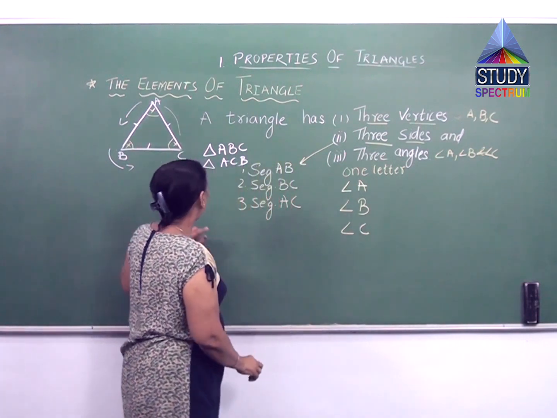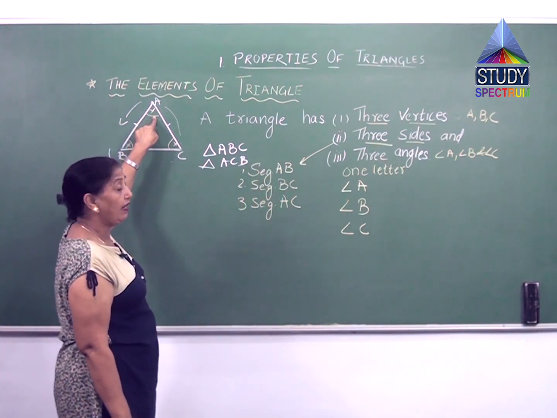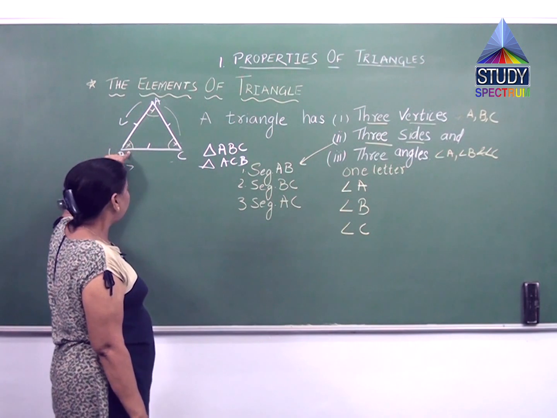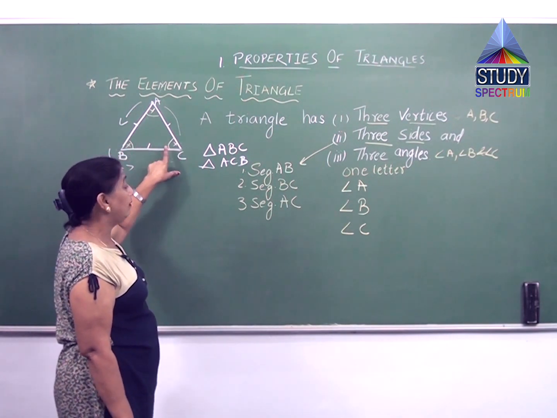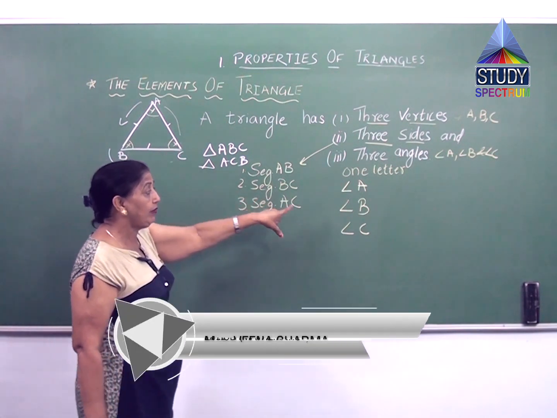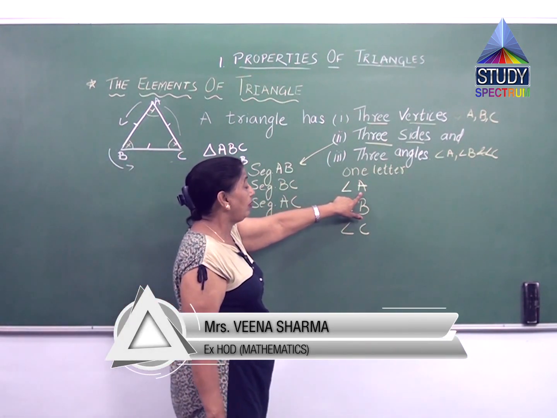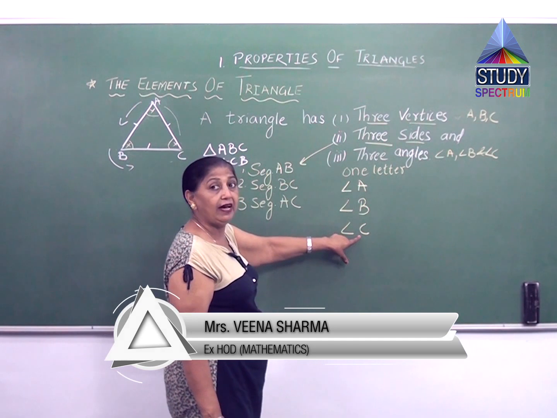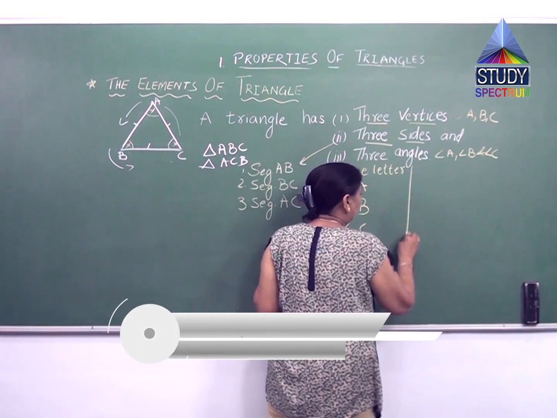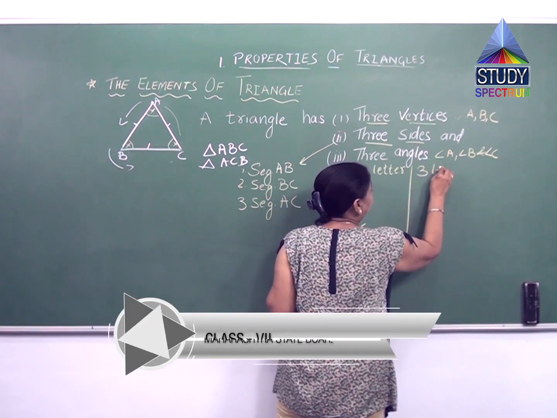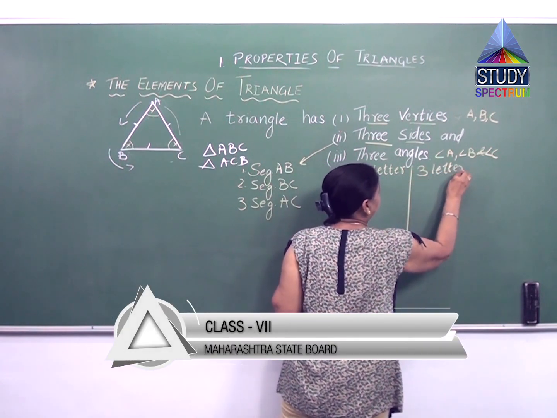So when I am talking about this angle at A, I will write angle A. This angle, then angle B, and this as angle C. Now the same angles, when I talk about A, B and C, I can write in 3-letter form.